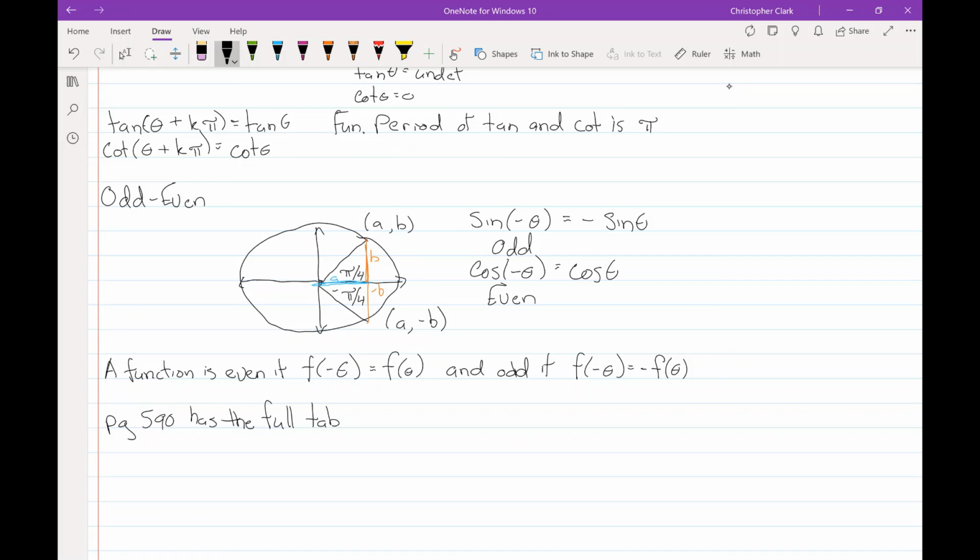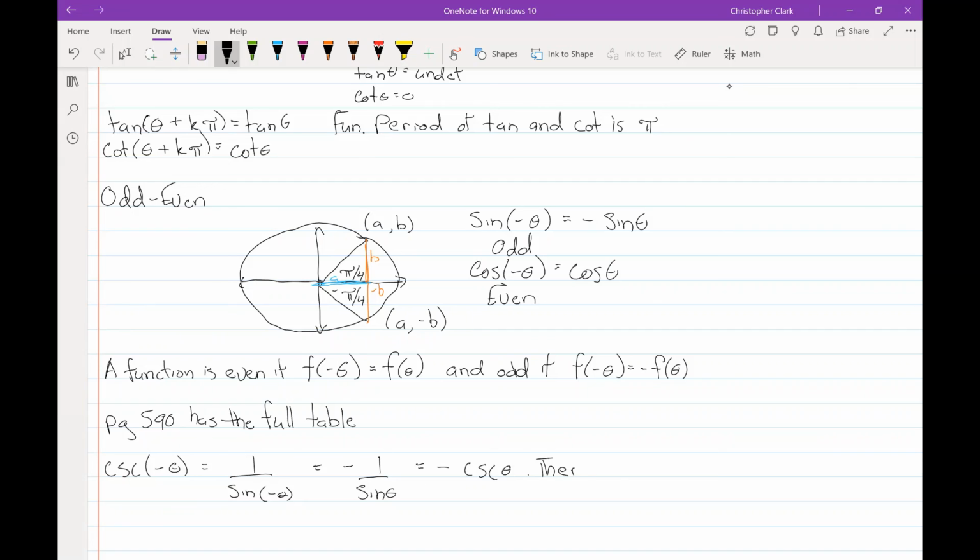But just to kind of show you how you would fill out this table, supposing that I do cosecant of negative theta. Okay, so cosecant of negative theta is equal to 1 over sine of negative theta, but sine of negative theta is of course equal to negative sine of theta. So this is negative 1 over sine of theta is equal to negative cosecant of theta.